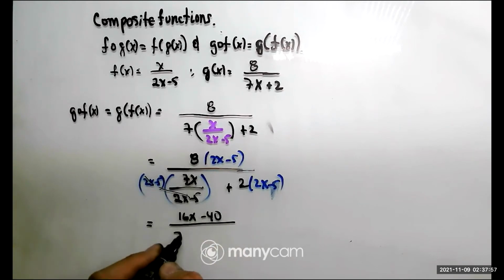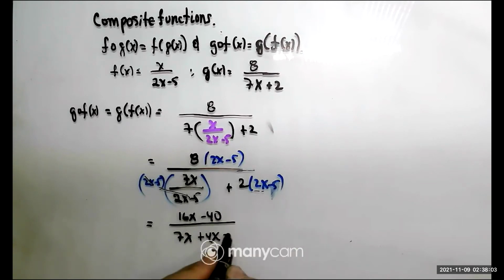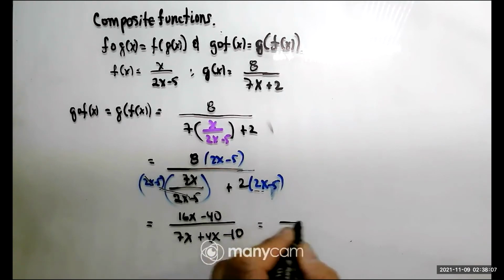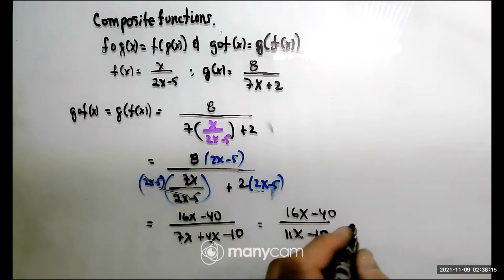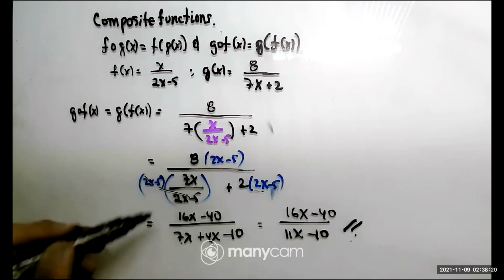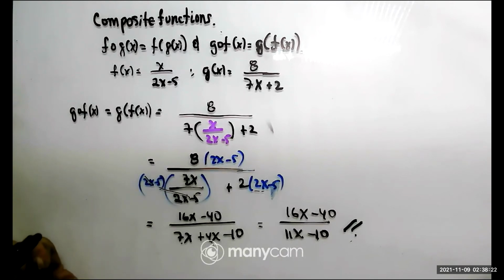These two cancel, that will be 7x. And here 2 times 2x, that will be plus 4x minus 10. Which is what? 16x minus 40 over 7x plus 4x, 11x minus 10. So that should be your final answer. Hopefully we don't make any boo-boos with sign.